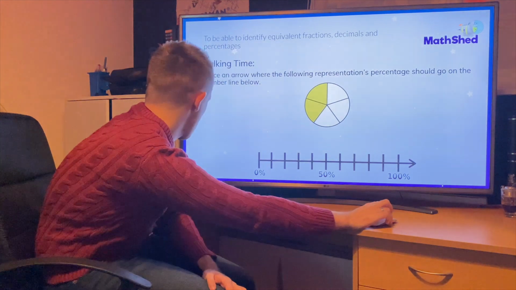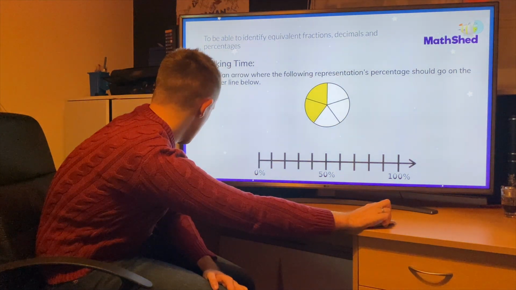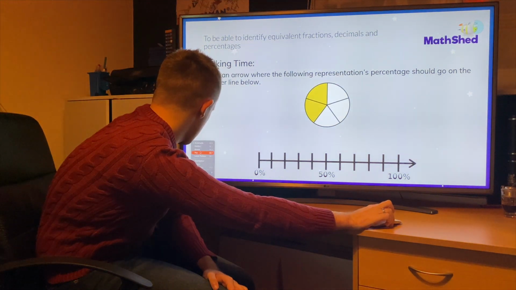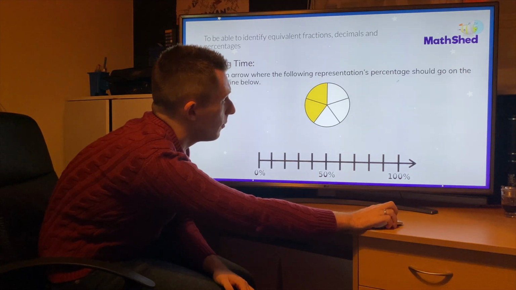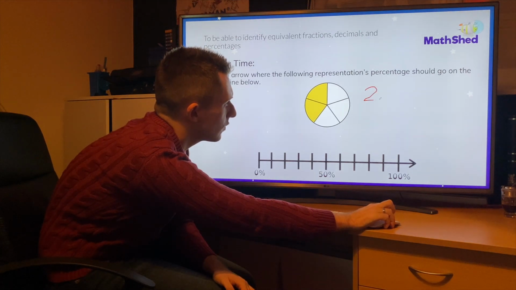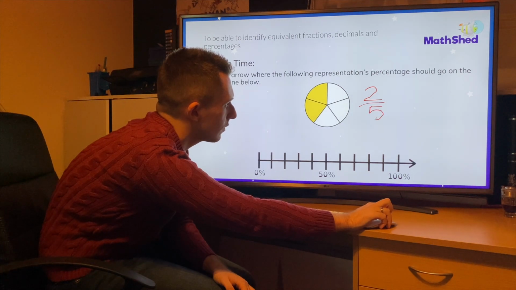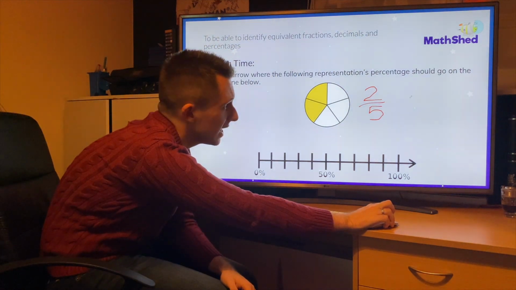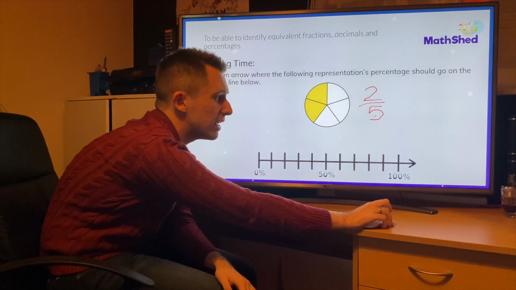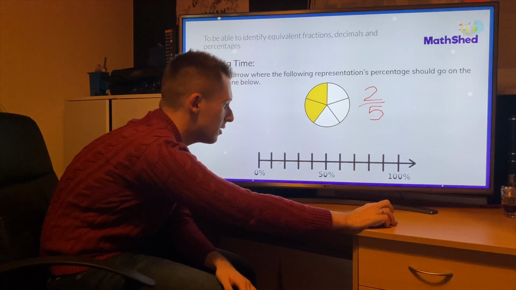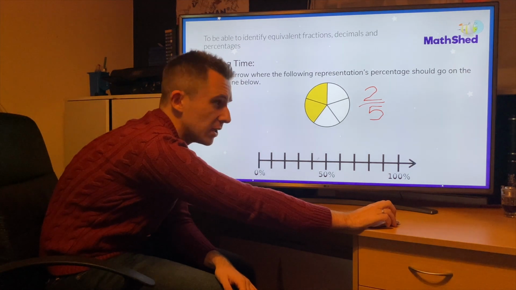I'm hoping I might be able to show that to you on here. So we've got 2 out of 5. At the moment, having it out of 5 doesn't help me because I've got 10 parts along the bottom here.